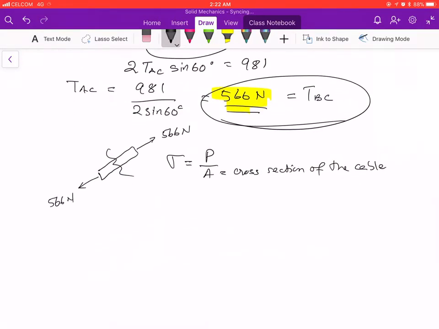From this equation we can find out the minimum diameter.